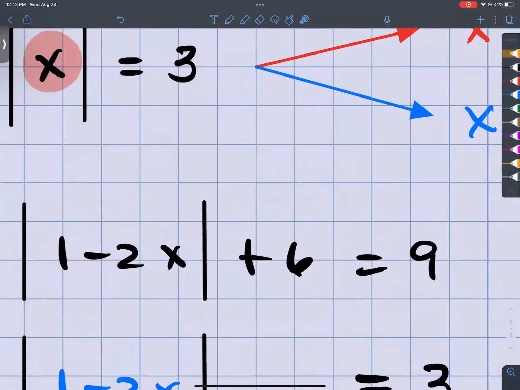If you see two vertical lines next to it, you say, okay, these are absolute values. So I've got to get this thing by itself, and then we do the opposite operation. For this, there's really no opposite operation. So the only thing we can do is say, okay, what can the inside be? The inside could be the positive of the other side or the negative of the other side. That's it. And then solve for those answers.